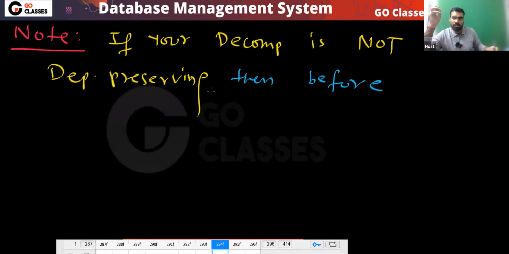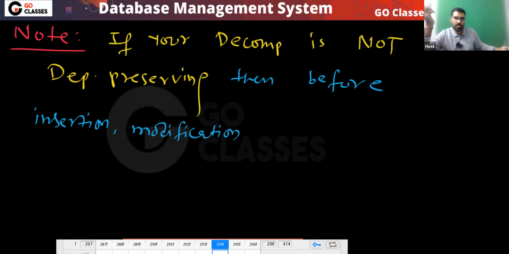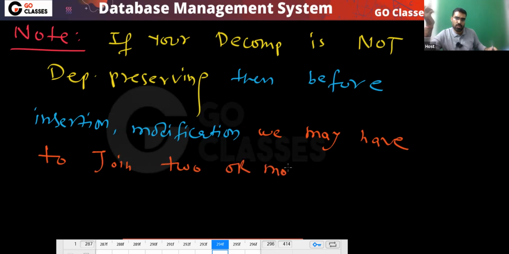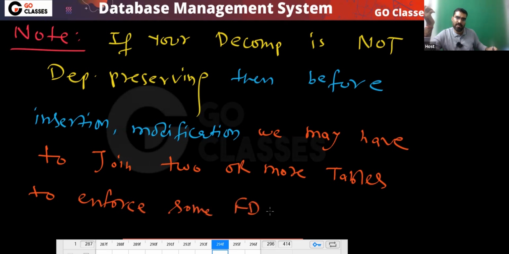Before every insertion or modification, we may have to join two or more tables to enforce some FDs.